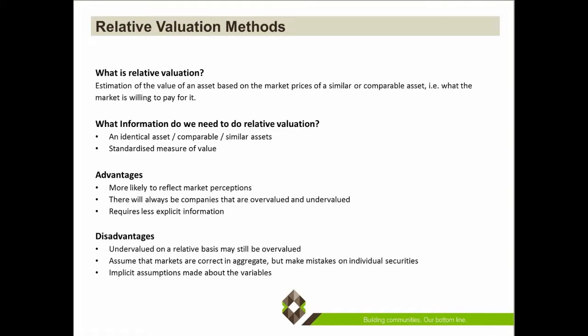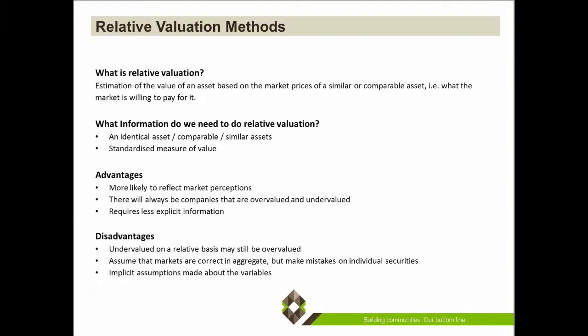The disadvantages of using relative valuation methods is that a company that looks undervalued on a relative basis, therefore compared to companies in the same industry, might still be overvalued in terms of their price.